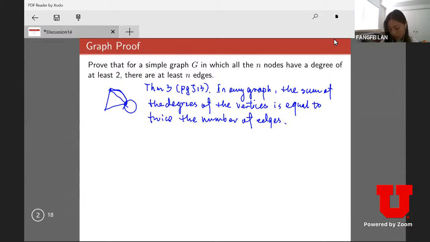So what does that mean? So let's say, let G be a simple graph with n nodes and m edges.